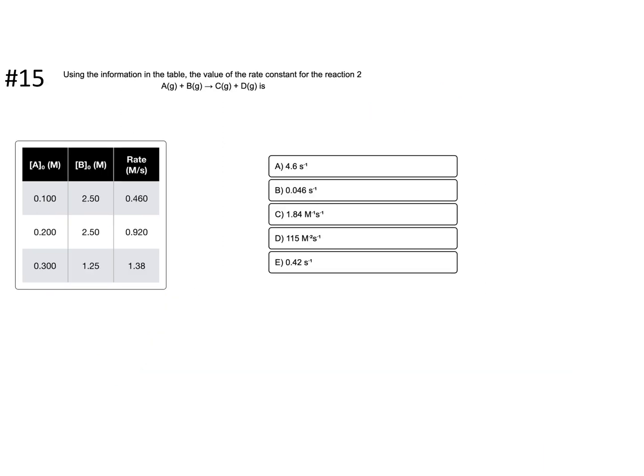Question 15 is very similar in that they do the same thing where they change up the concentrations on you.